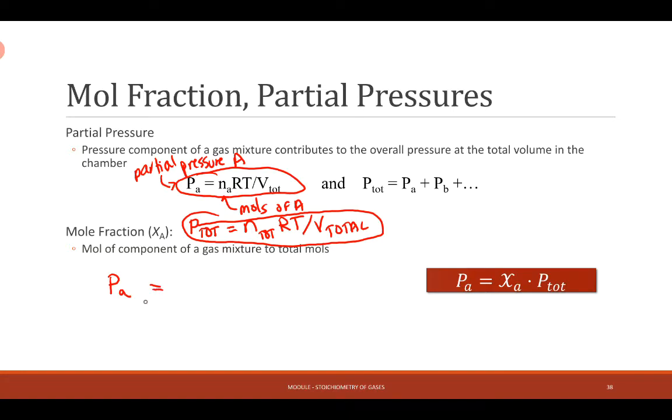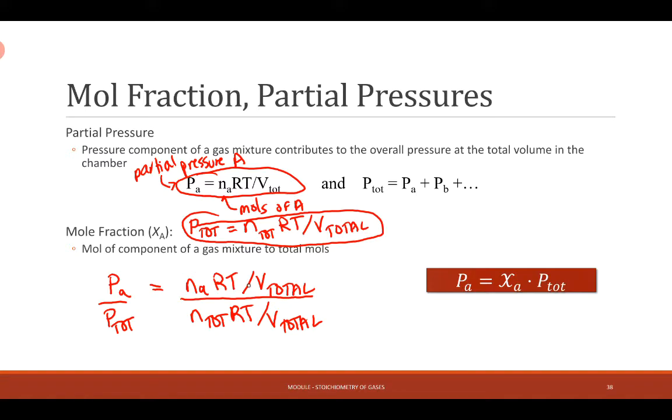So if we divide P_A equals n_A RT over V total by the second equation down here, because math lets us do that, then my V totals are going to cancel out, my RTs are going to cancel out, and then I'm just left with P_A over P total is equal to n_A over n total.